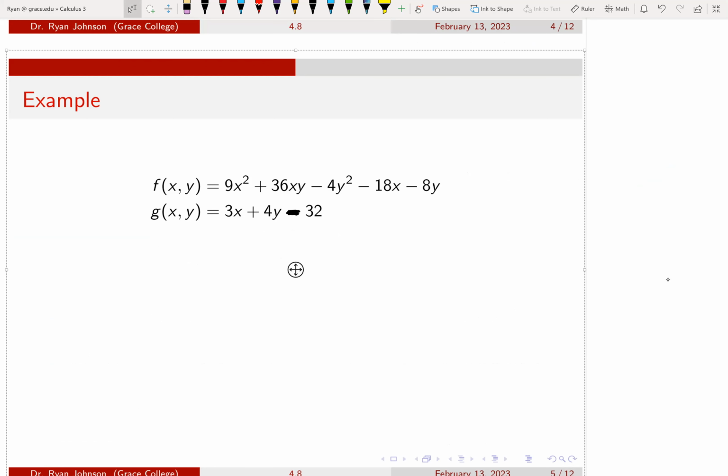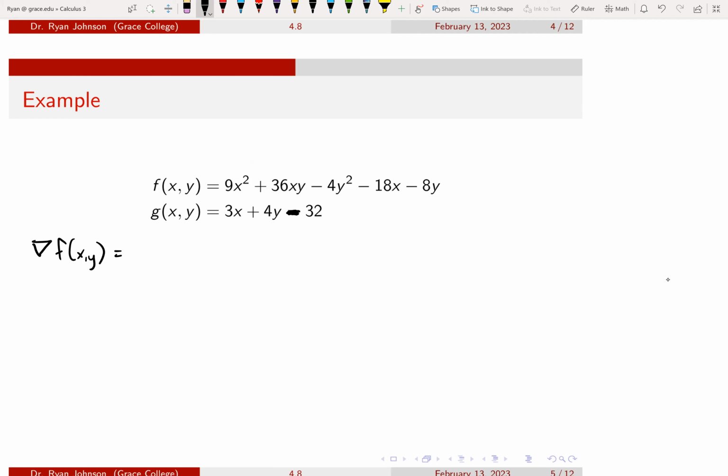So the gradient of f is the x derivative. So 18x plus 36y minus 18, i. The derivative with respect to y would be 36x minus 8y minus 8, j.